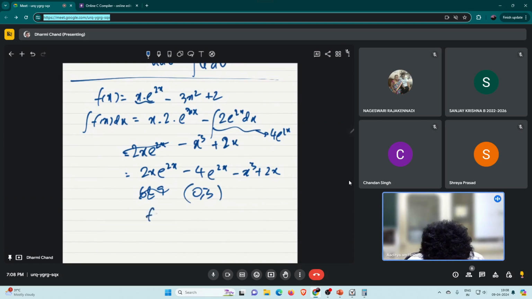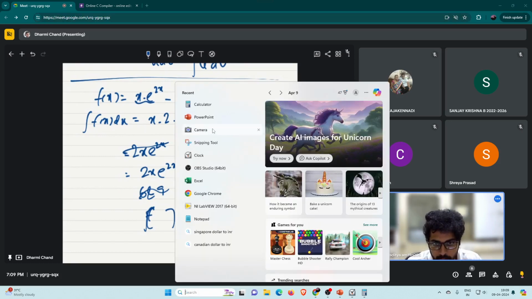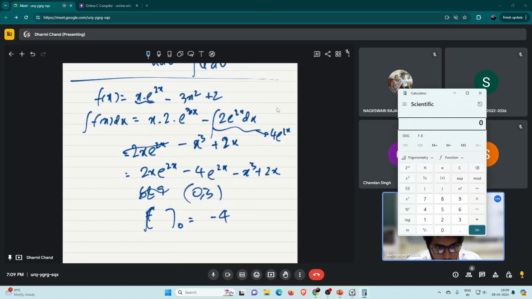So the value of this thing at 0 is equal to, first term 0, second and third and fourth term 0, so only minus 4 is left. And if I substitute the value of 3, what do I get? Just use my calculator.